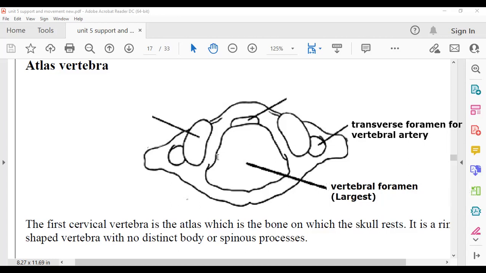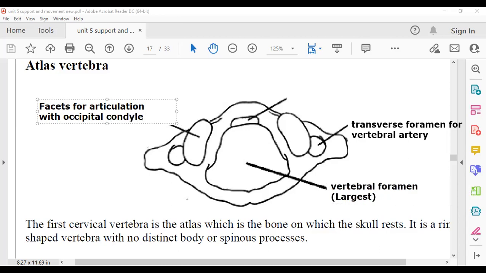And the next one is this. What is it? Facets. Yes, sir. Facets for articulation with occipital condyles.